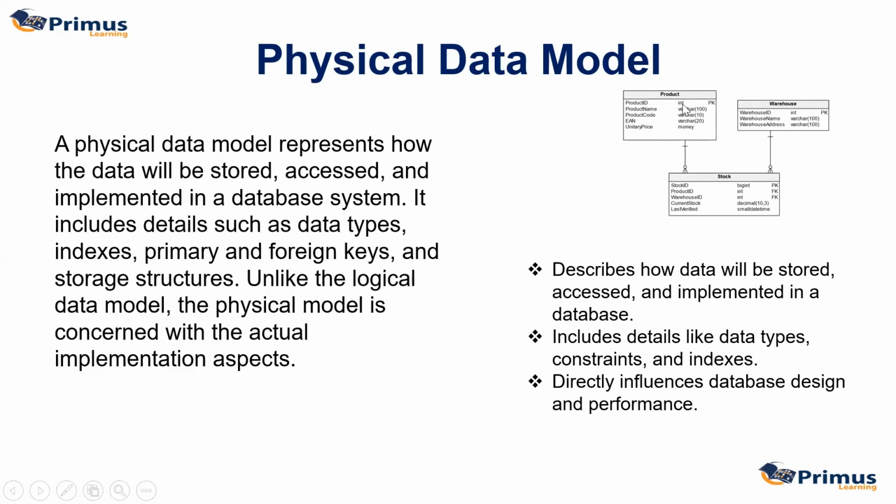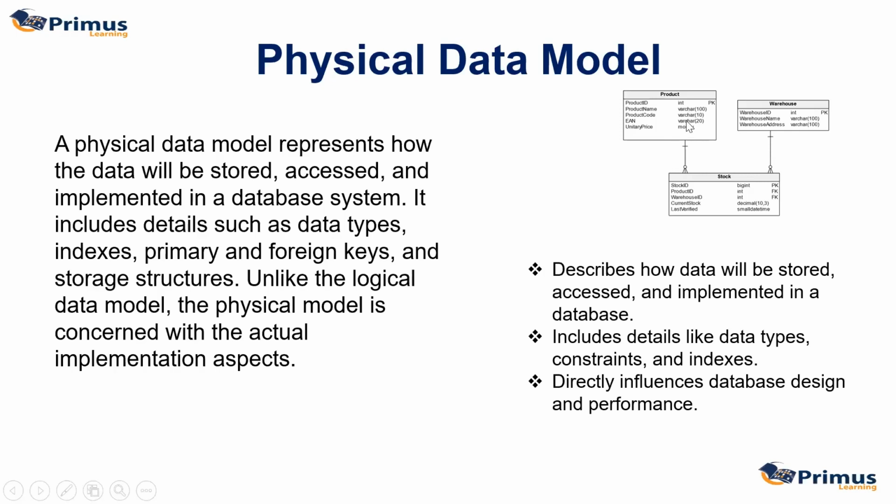This will be an integer, and we have the product name, which will be a string. We have product code, which will be a string also, and we have EAN, which will be a string, and we have unitary price. This will be represented in currency form.